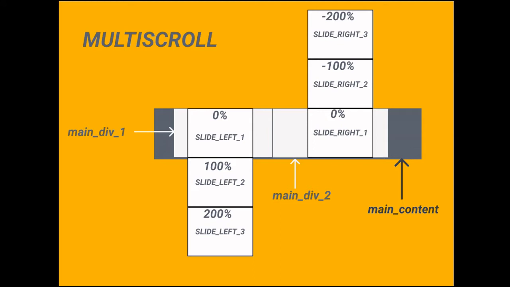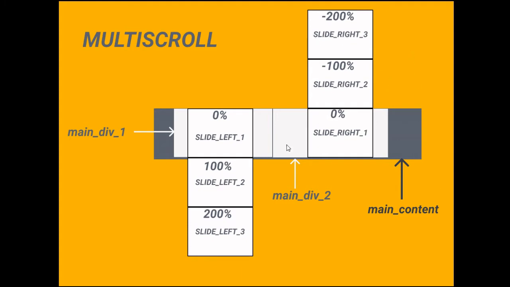So next what we are going to do is translate the slides to some distance. For example, slide left 1 will be positioned at 0, whereas slide left 2 will be translated, that is moved, to 100% of the y coordinate. Likewise slide left 3 will be moved to 200%. While in main div 2 the child elements will be translated in the opposite direction, like minus 100% and minus 200%.